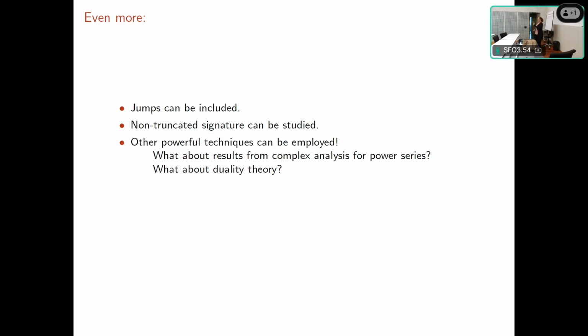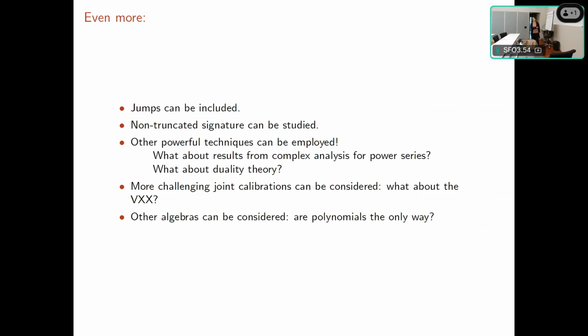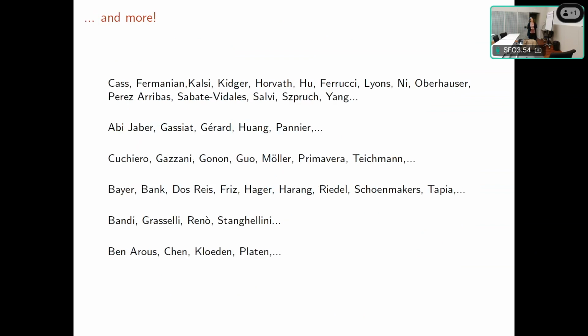And this lets you get tractable representations of expectations. One can, and this is what Andrea showed you yesterday, not limit yourself to the VIX, but also go to the VXX, so vol of vol type of implied volatilities. One can consider other algebras instead of the polynomials, what I just said. You can consider Fourier if you like Fourier, or also other ones.